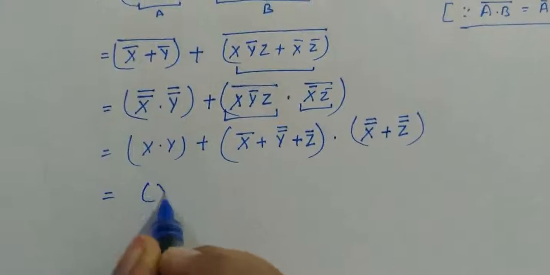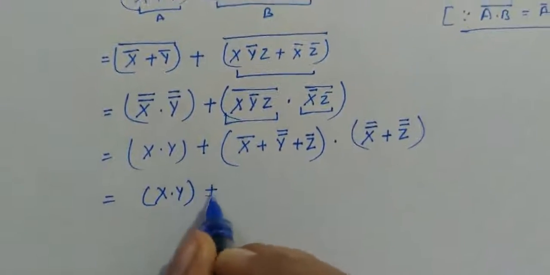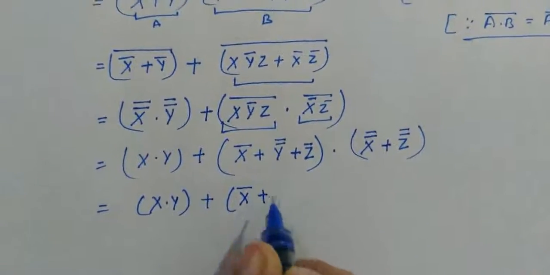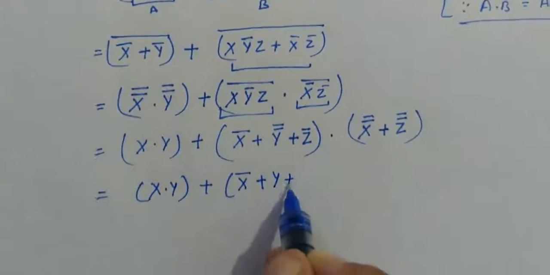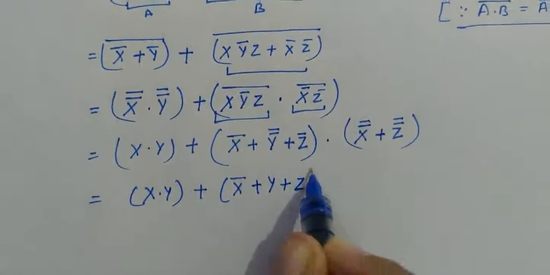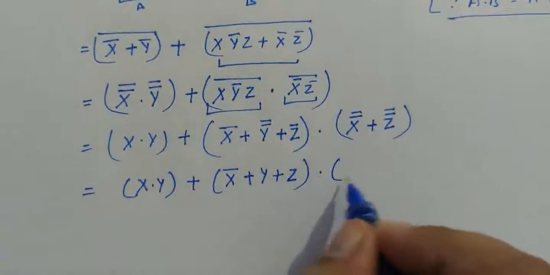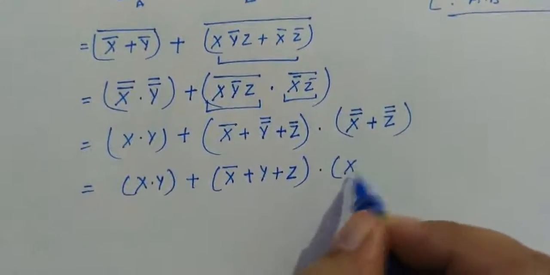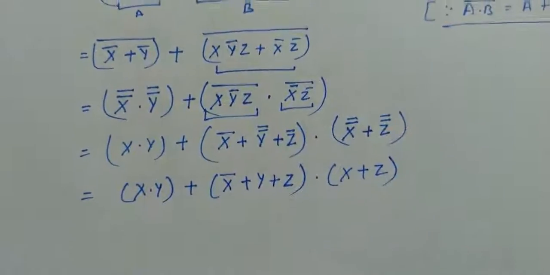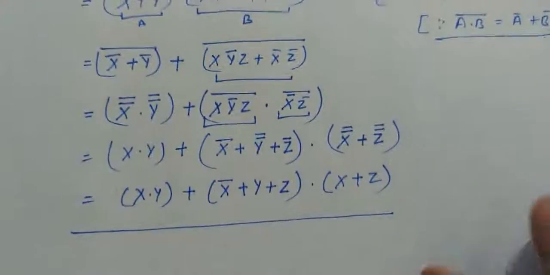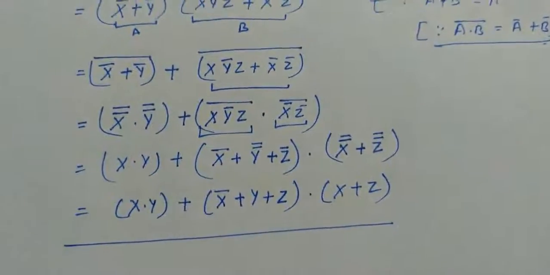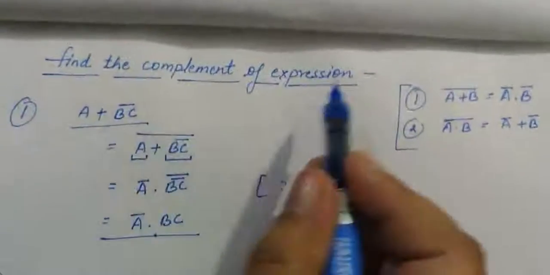Now simplify it. X dot Y plus, X bar plus Y complement complement is Y, Z complement complement is Z, dot X complement complement, X plus Z. So this is the required answer. In this way you can solve these questions where we have to find the complement of any expression.